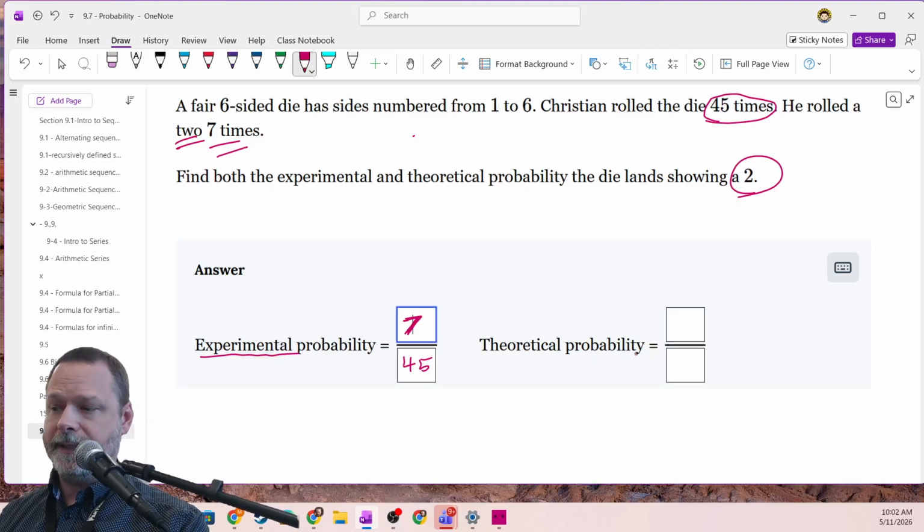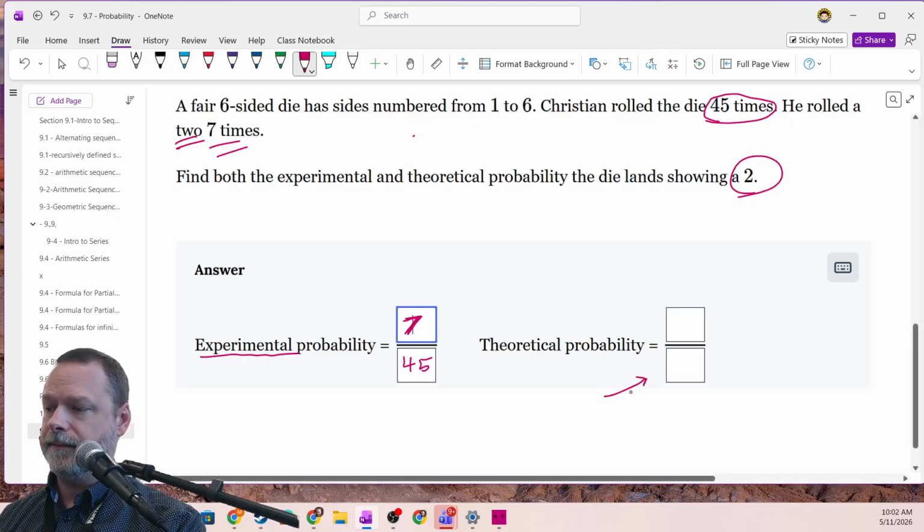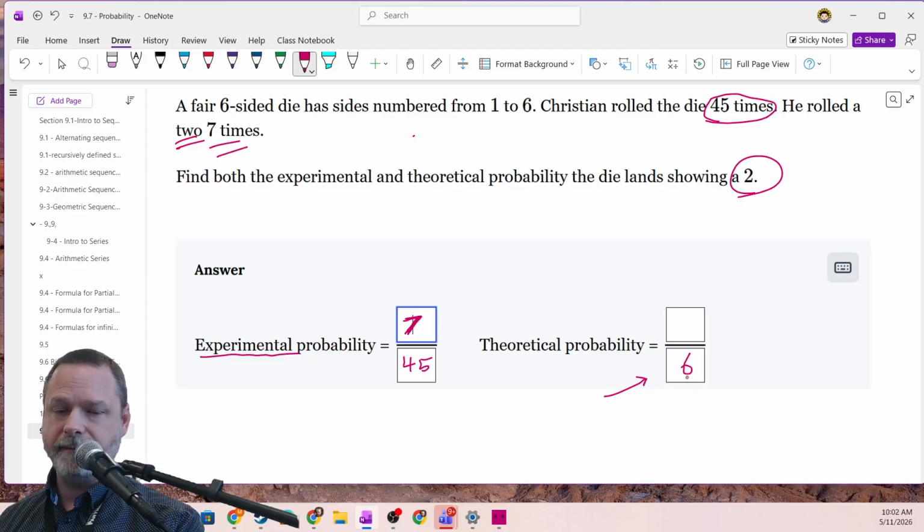Theoretical probability, and that's a different thing, right? Theoretical probability was, well, how many total outcomes are there each time we roll the dice? There's 6. We got 6 sides. How many ways are there to get what we want? Well, we want a 2. We only want 2s, and there's only 1 two out of the 6 sides.